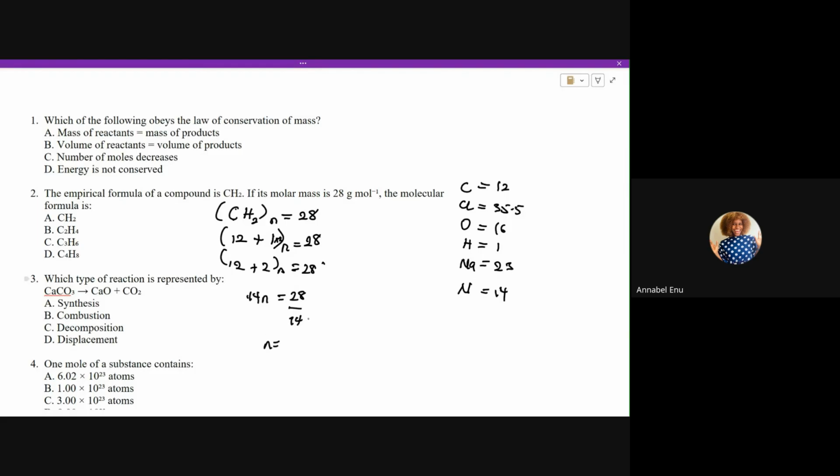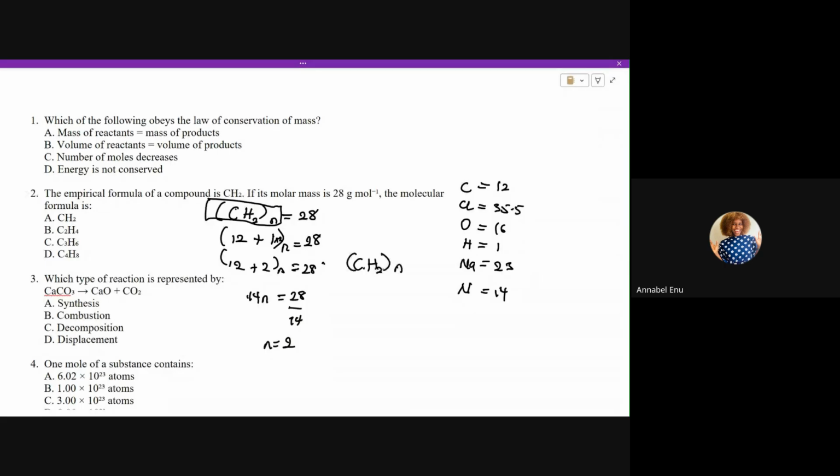So n is going to be, when 28 divides 14, 2. That is to say, for each of them, the number is 2. So this old formula is now going to be rewritten like this: CH2 to the n.